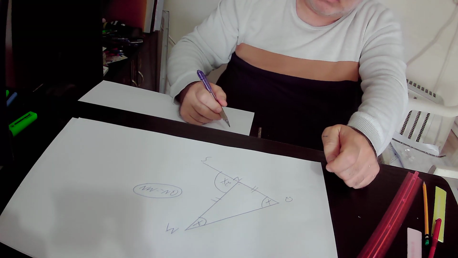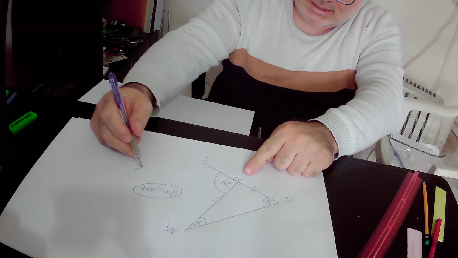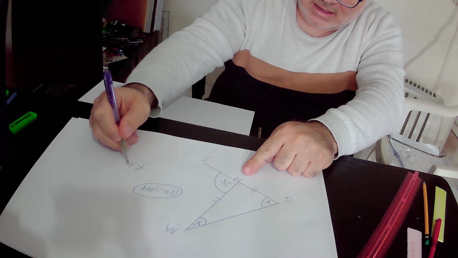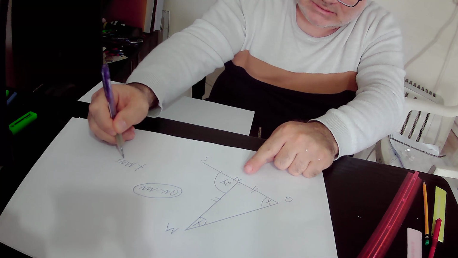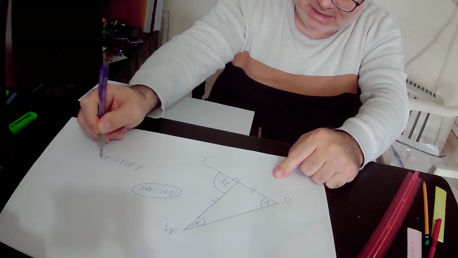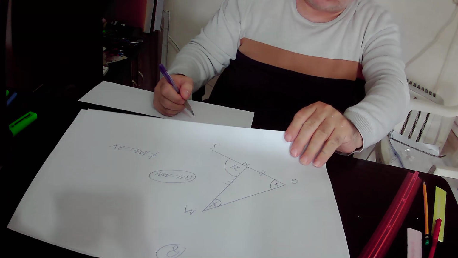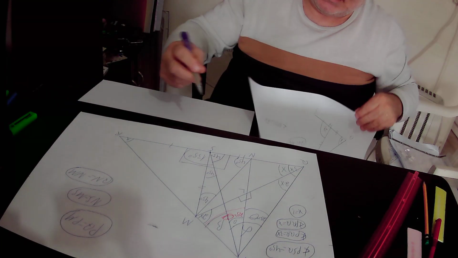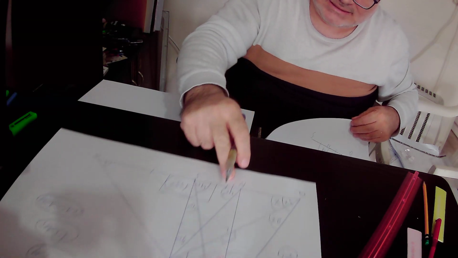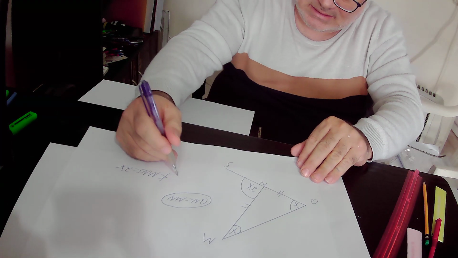So we found out that the exterior angle MNS of triangle QMN is equal to 2x from one side, but we have already found out that angle MNS is equal to 45 degrees.